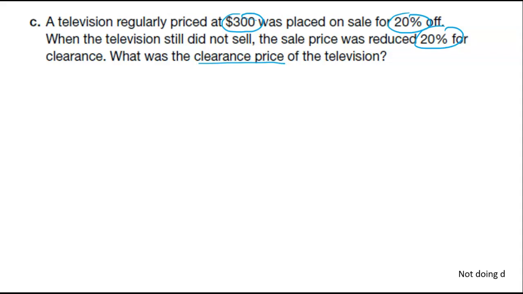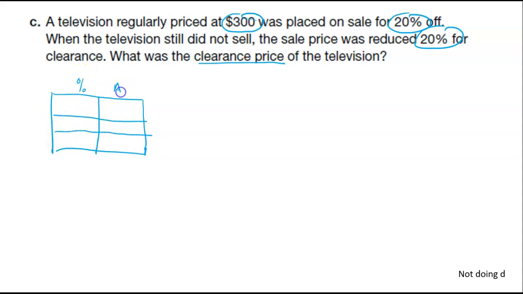So this is going to be a matter of two different ratio boxes. My first ratio box is original, change, new. We start off at 100%, regularly priced at $300.